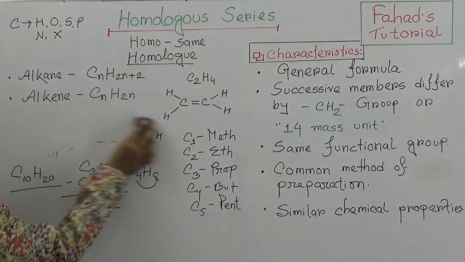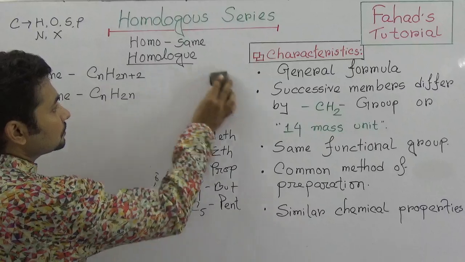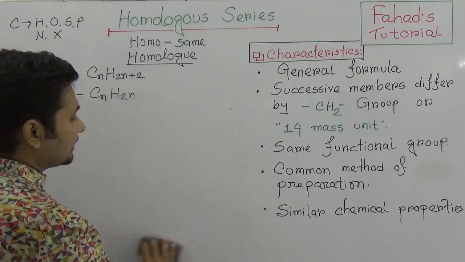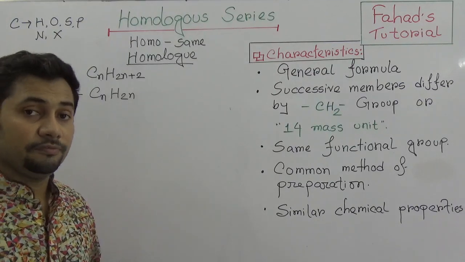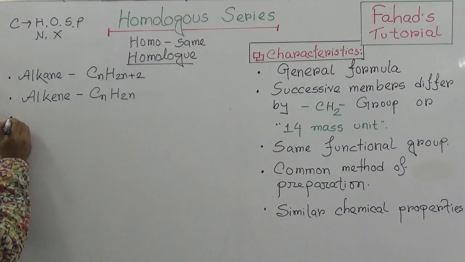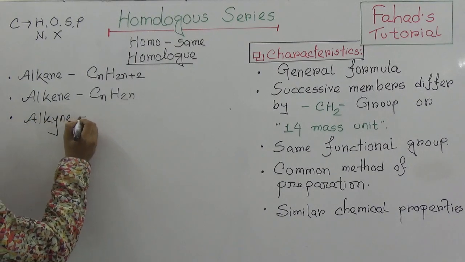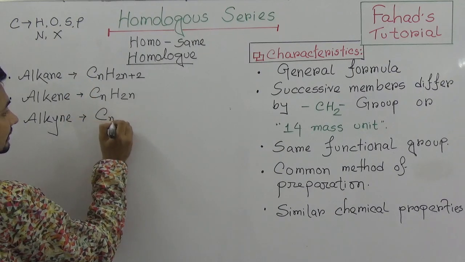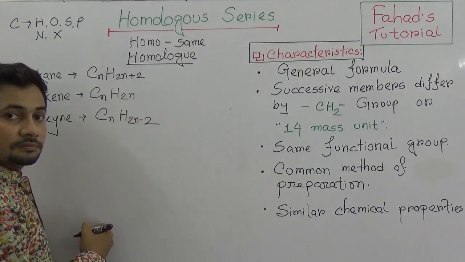Okay? Now you think that alkene is C2H4, that means CnH2n. So ethene is the first member of the alkene group. And number 3, if we say alkyne, then what is this? Alkyne is CnH2n-2.